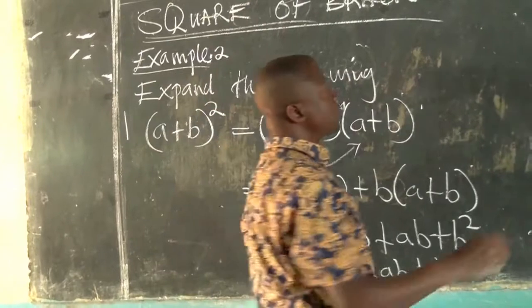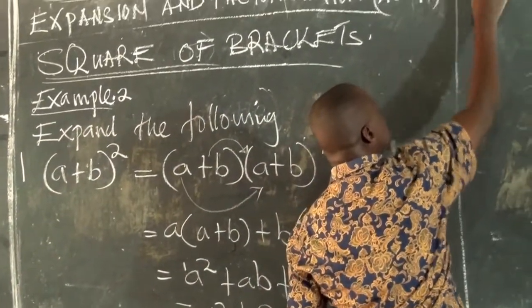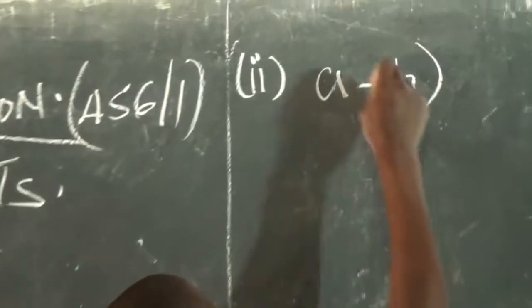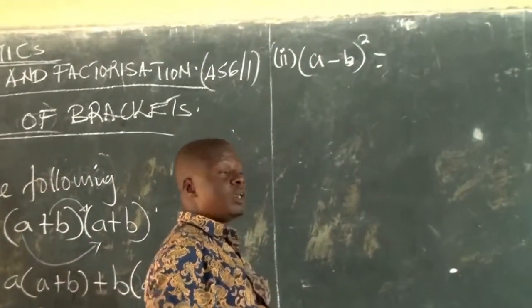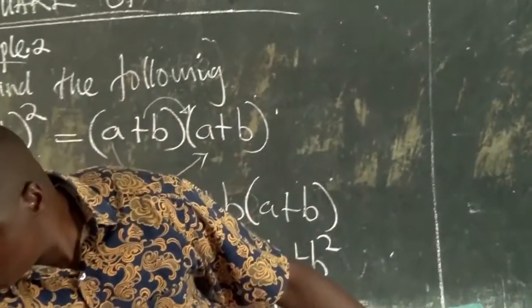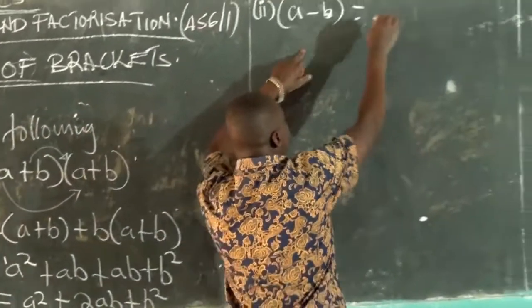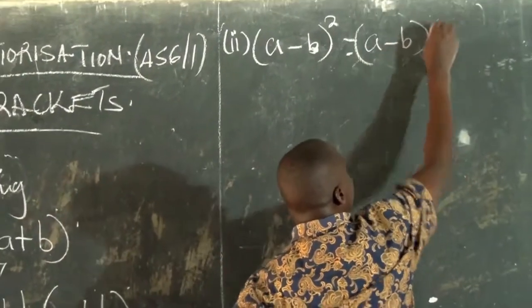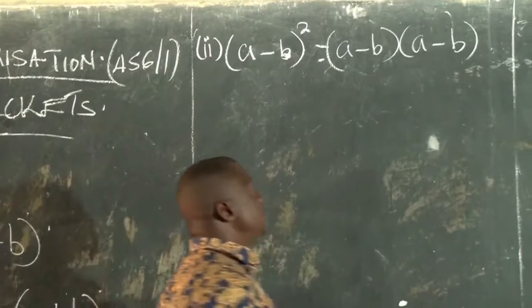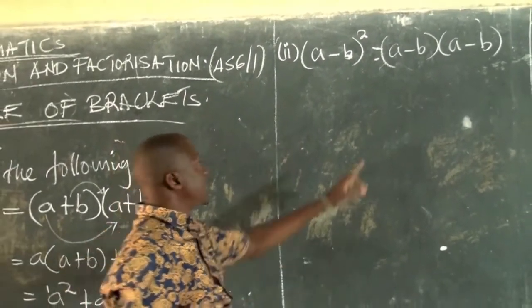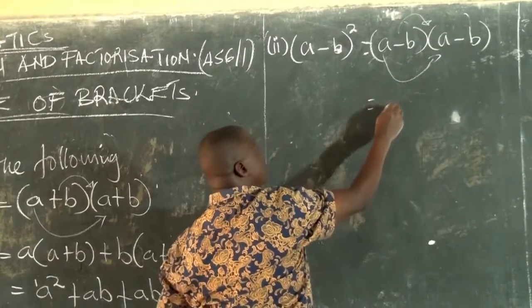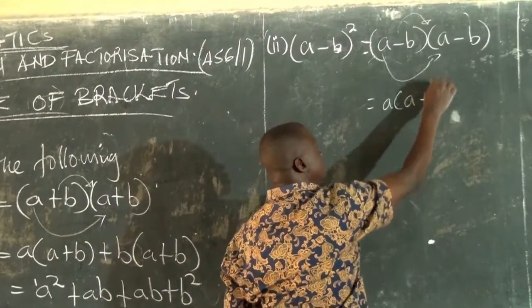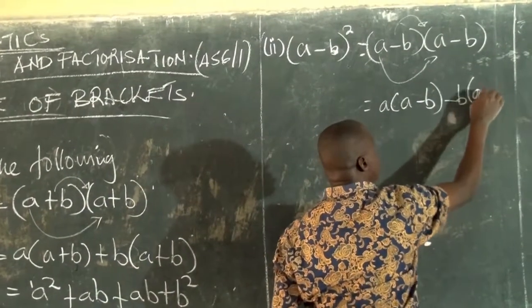We look at example 2. We have a minus b squared. At first we had a plus, now we have a minus. Let us check. Is it going to give us the same answer? Here we say a minus b, then a minus b. Let us check. This is a into a minus b, then minus b into a minus b.